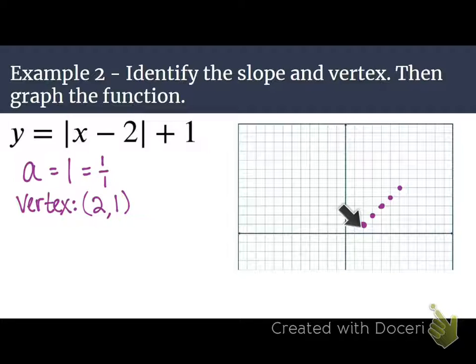So in order to get our V, what directions do you think I want to go now from my vertex? If I go left 2 and up 1, that's going to make my V not symmetric. Left 1, up 1 is going to make my V symmetric.